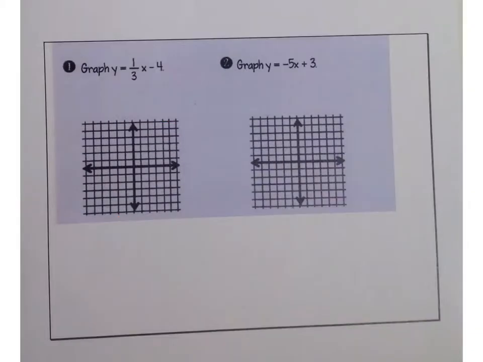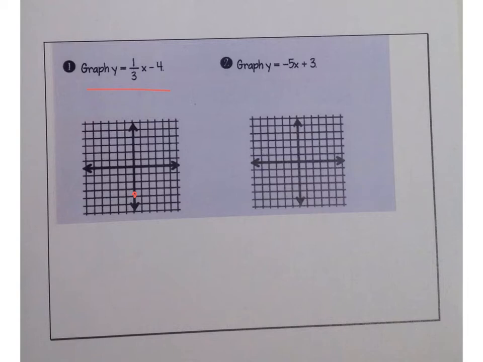So for these last two, we're going to plot points. So the first point we're going to plot here is the y-intercept. When x is 0, y is negative 4. So when x is 0, 1, 2. That's going to be my first point. Now it's a slope of 1/3. That means up 1 over 3.